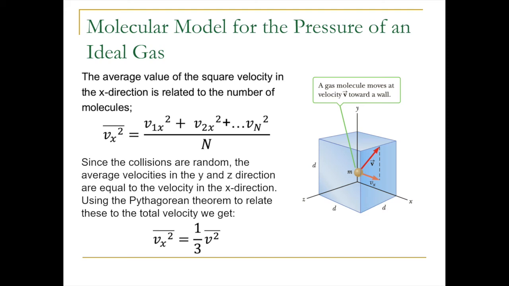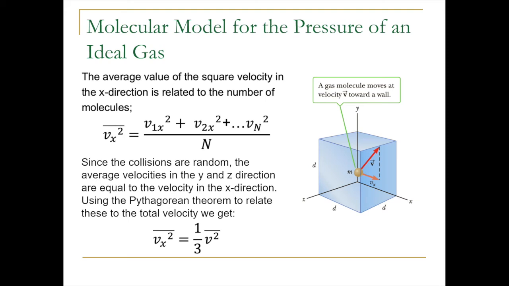What's even more interesting is that if the collisions are indeed random, then the average velocities in the y direction and z direction are equal to the velocity in the x direction. This is the nature of the randomness. This is the statistical end that's exceptionally difficult to understand without a further discussion into statistical mechanics.